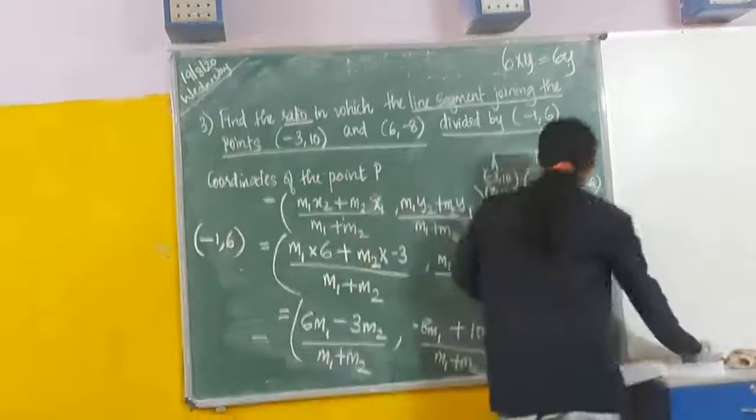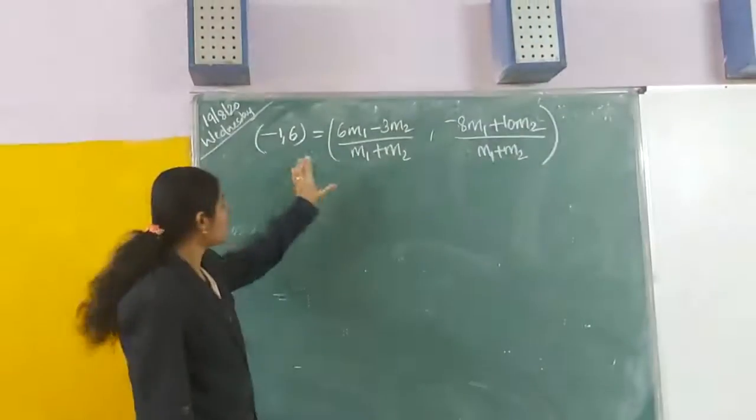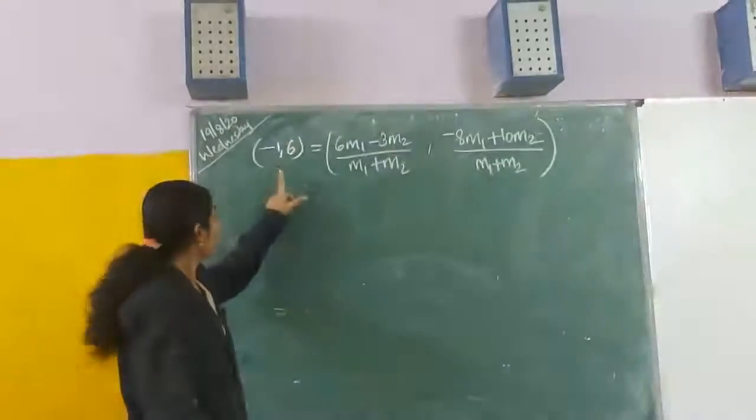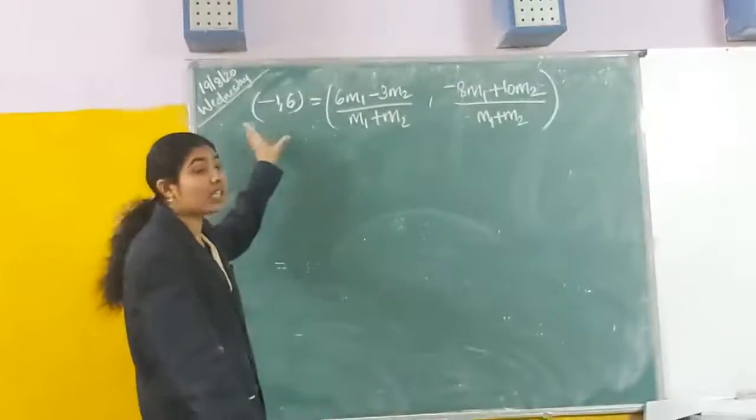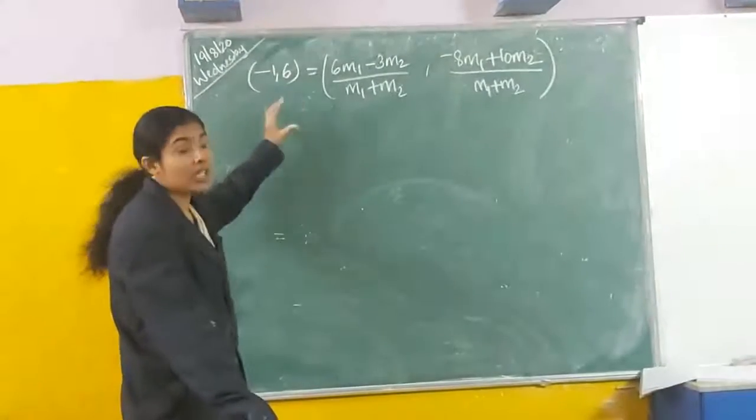Now how to simplify this one? Here you are getting one equation and both sides of that equation are coordinates. What does that mean?